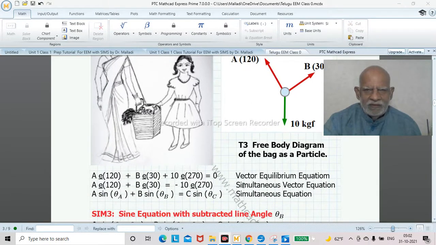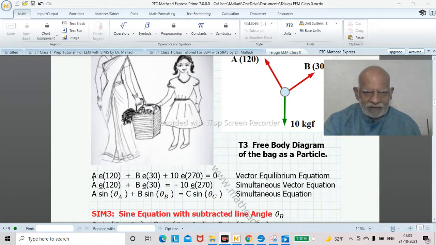Now, since the body is in equilibrium, all the vectors, that means a vector is one which has a magnitude like A, B, or 10, and a direction like 30, 120, and 270 here. I did not put 270 mainly because what is obvious need not be shown right here, but it can be shown in an equation here.